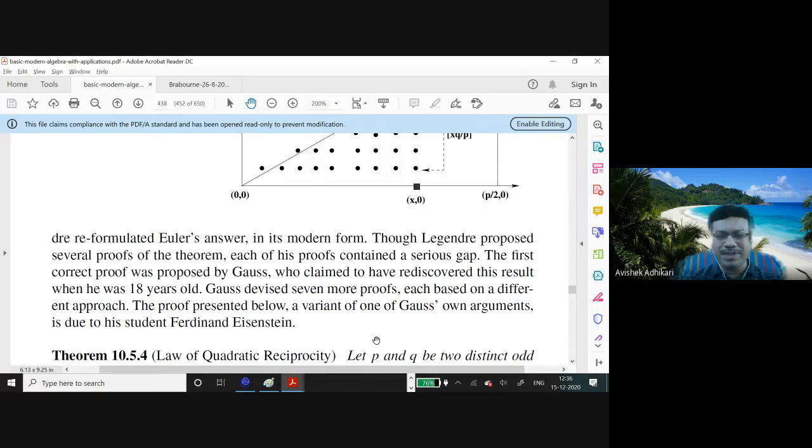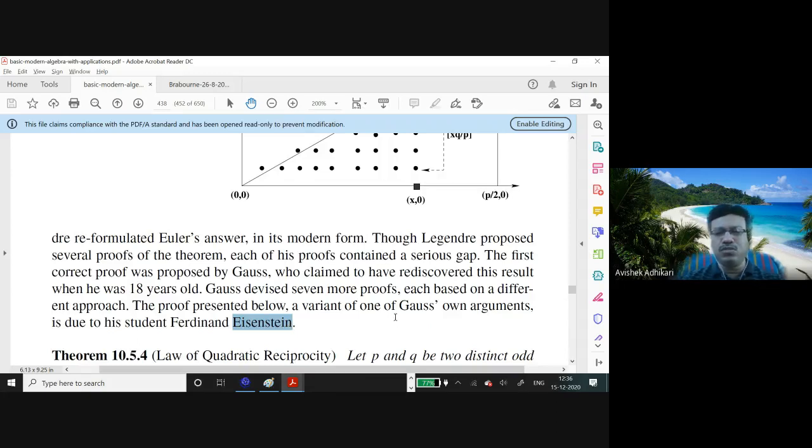In my book I have given a pictorial proof of this. That was also given by Gauss, but it was formally written by Eisenstein. Those who have read the Eisenstein criterion for irreducibility of polynomials must know him.